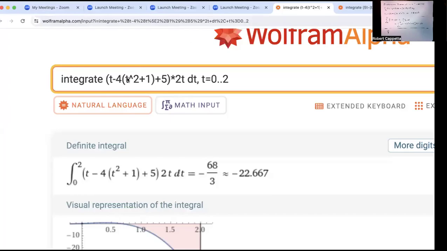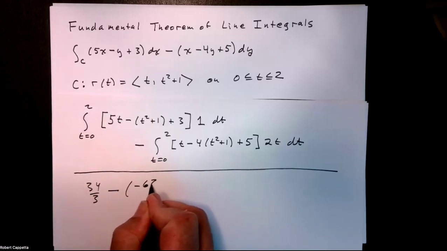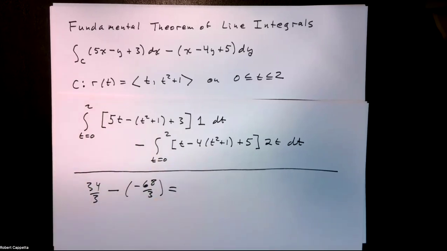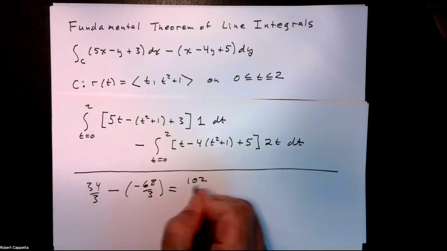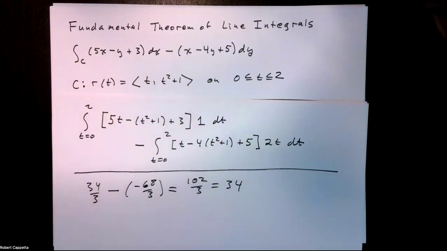Integrating t minus 4 times t squared plus 1 plus 5 times 2t dt, as t ranges from 0 to 2, we get negative 68 over 3. So adding those together, that gives me 102 over 3, which equals 34.